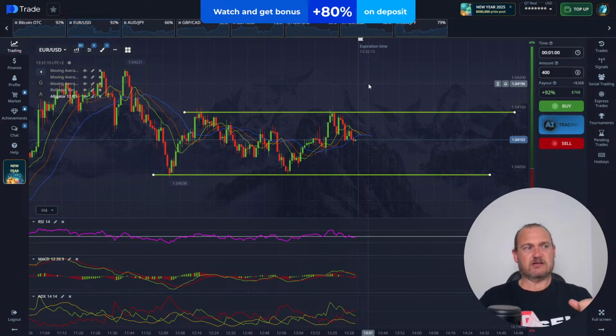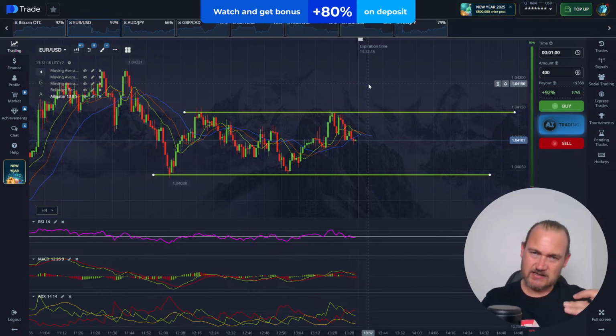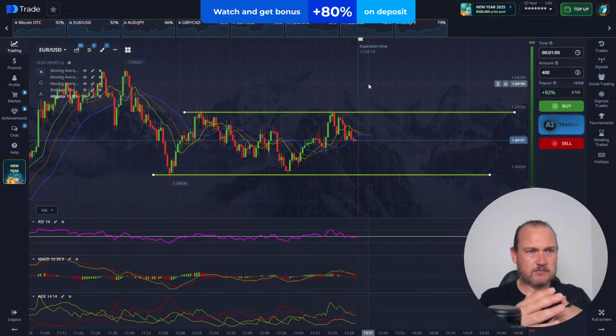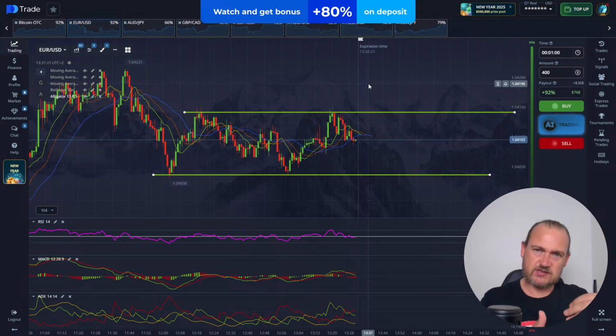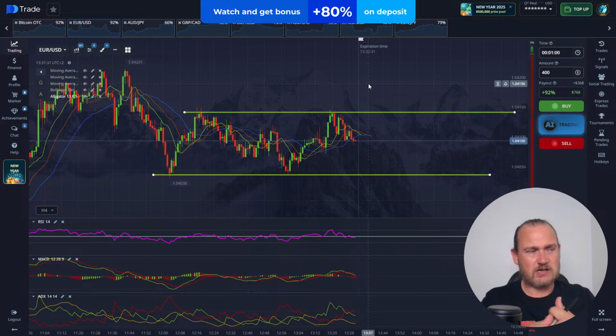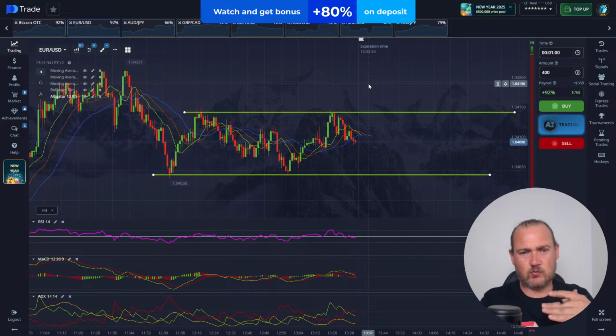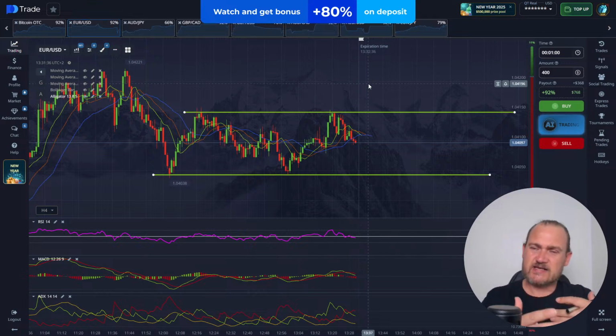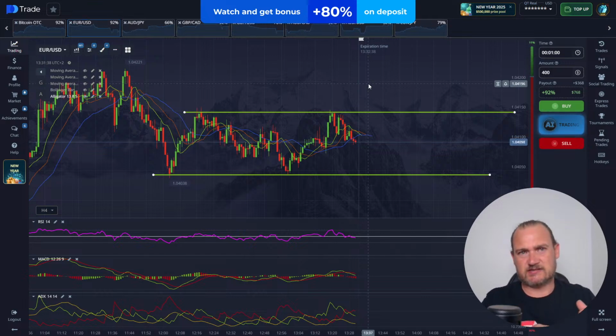Now that you understand the different states of the alligator, the way the moving averages show us where the market is ranging and when the market might actually be starting a new trend and so forth, once you understand that, it's actually pretty easy to start looking at other indicators that you might be using.